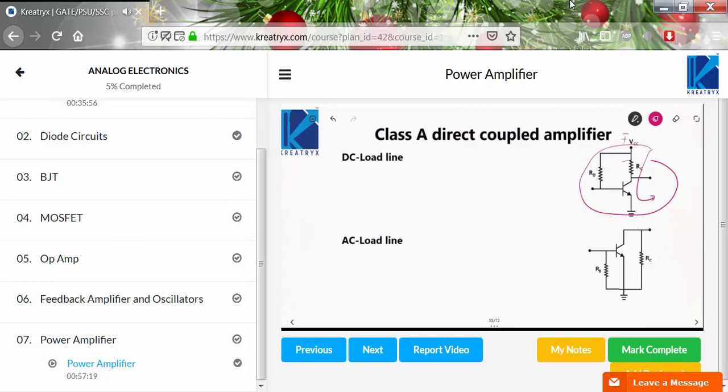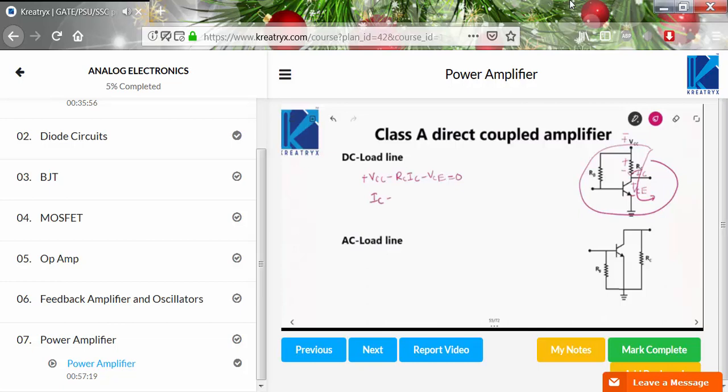This is negative to positive, positive to negative. Current through RC is nothing but IC. The voltage between collector and emitter is VCE, right? Now negative to positive means minus VCC plus VCC, minus RC into IC, minus VCE equal to 0.